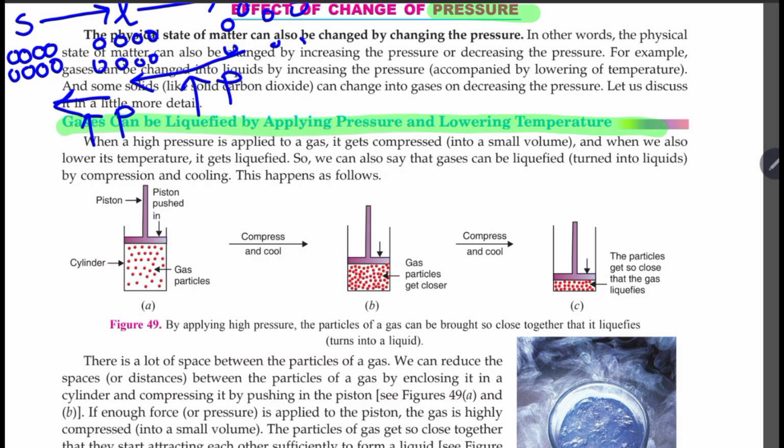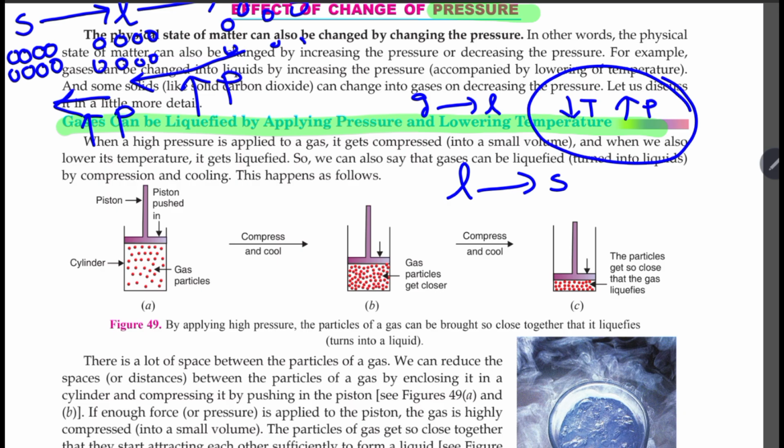If they ask how you can change a gas to a liquid, then the complete answer is you need to lower the temperature and you need to increase the pressure. Then only the particles will come closer. If I say I want to convert the liquid to the solid state, the same condition will remain.